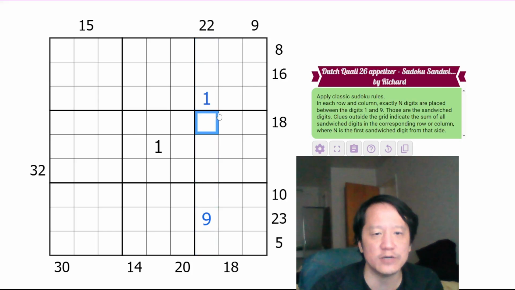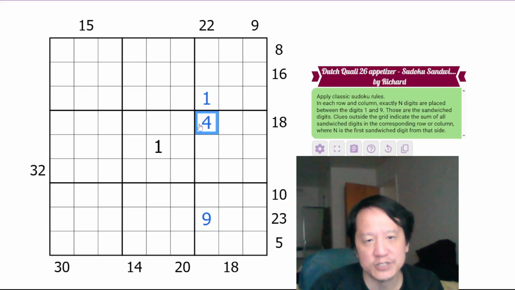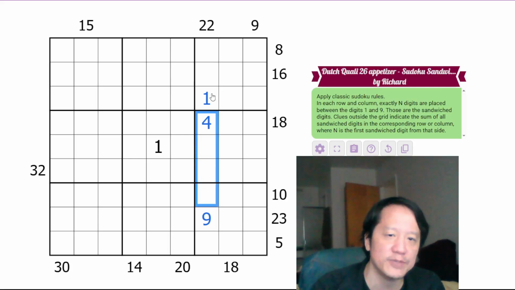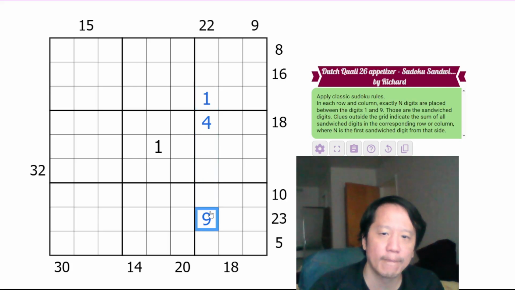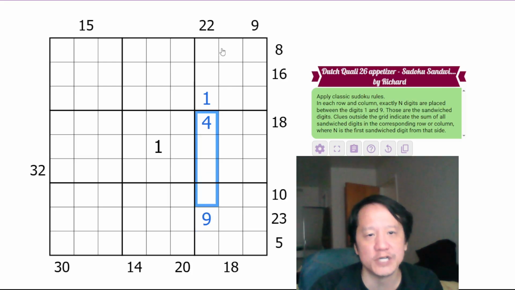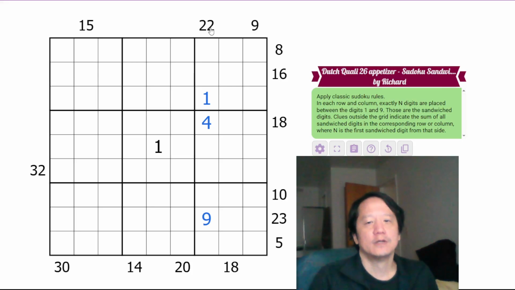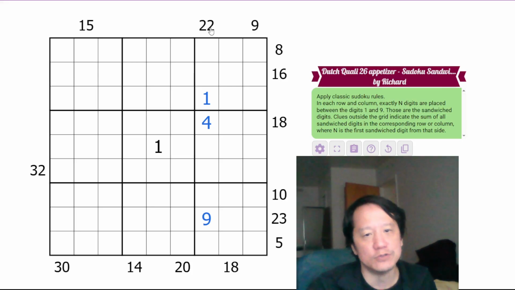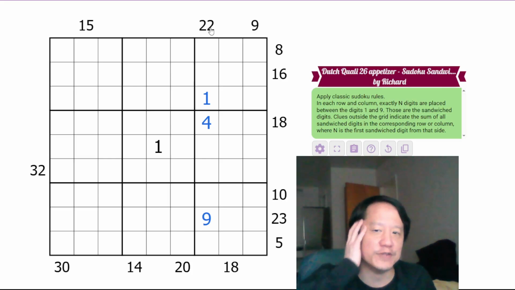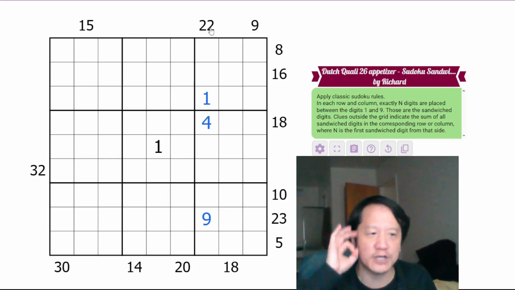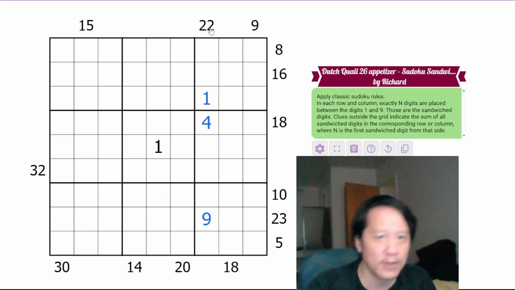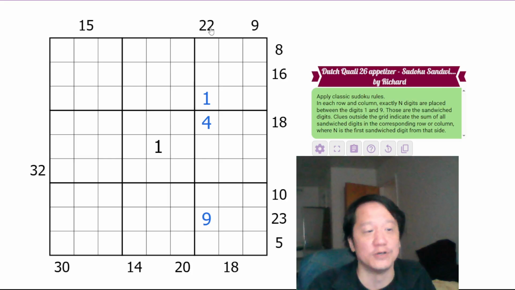So in this case, it would be 4, because there are 4 digits sandwiched in between the 1 and the 9. And then these 4 digits must add up to 22. That's an example of how these sandwich end sums work. And those are all the rules.